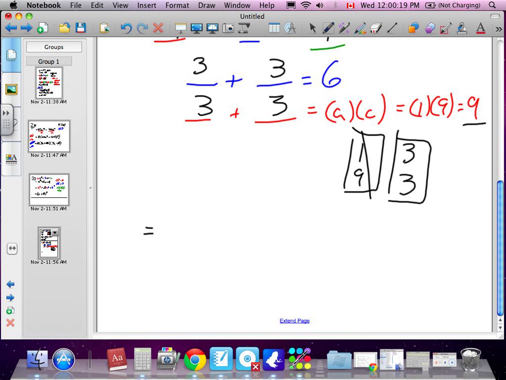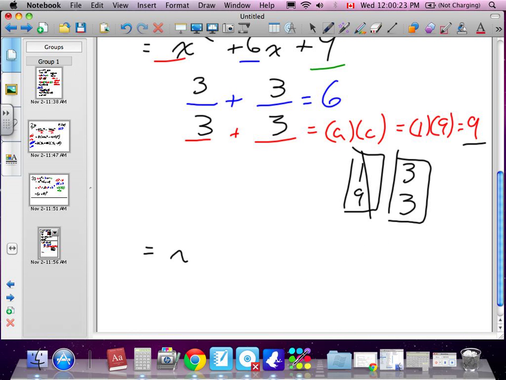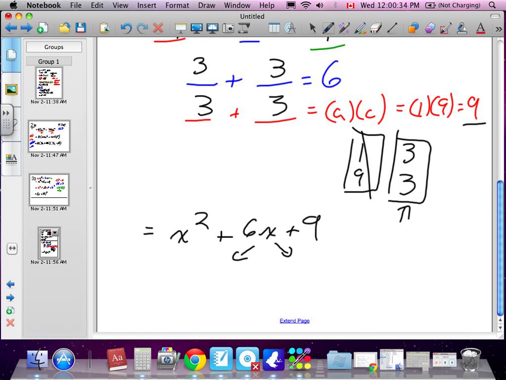So now when we go to decomposition, we're going to get x squared plus 6x plus 9. Remember, I split the middle term into our two new terms, our 3 and 3. So we have x squared plus 3x plus 3x plus 9.